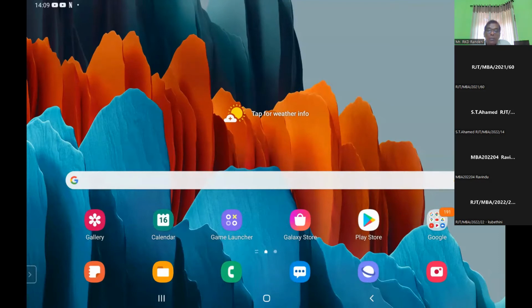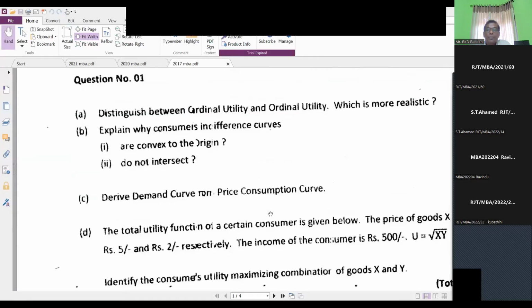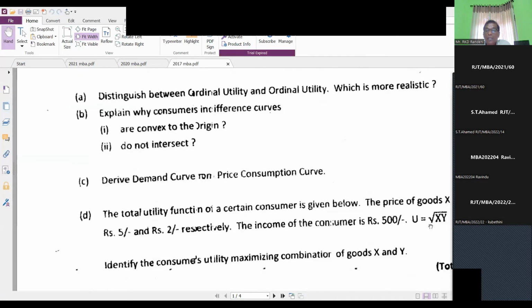Where is that question? Yes, U equals the square root of x and y. We have to write this as x to the power half, y to the power half.